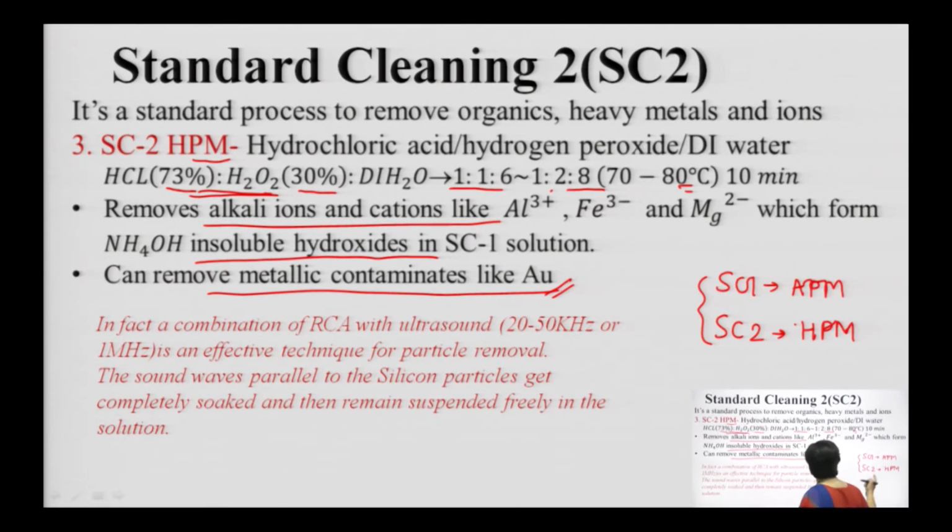The first one is good for removing native oxide films and other things, whereas this one is good for metallic impurities, heavy metals, and alkali. This is how both the contaminants get removed or swept away from the wafer surface.